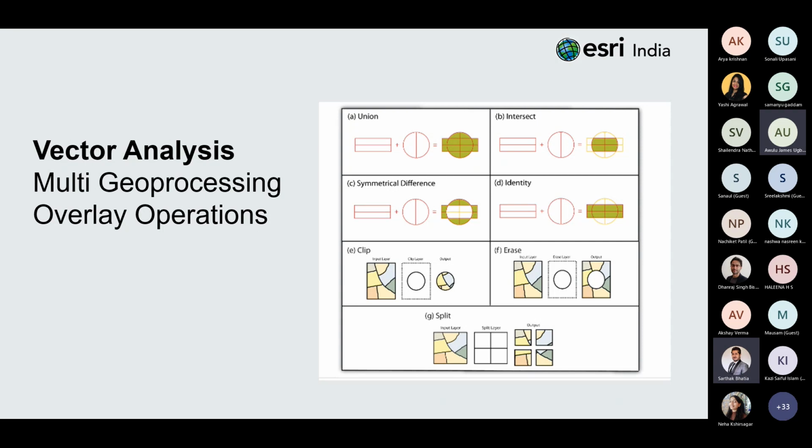However, only the section of the overlay layer which falls on top of the identity layer has its attributes added to the identity layer. So if we have layer A and layer B, only the section of layer B which falls on top of layer A will be added to layer A itself. Those attributes are appended to layer A, and the overall spatial boundary remains the same. Does that clarify your query?